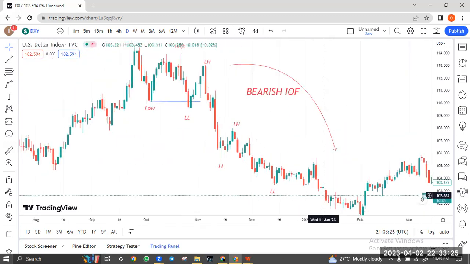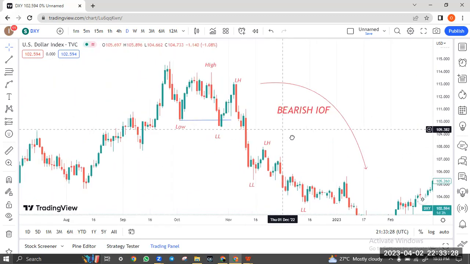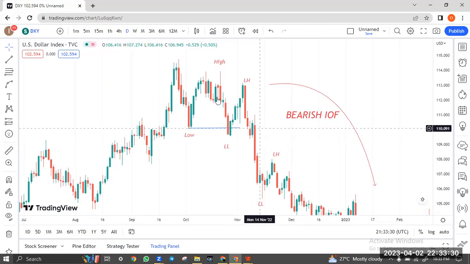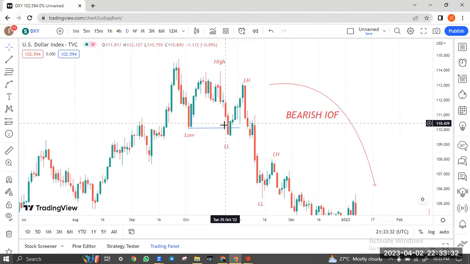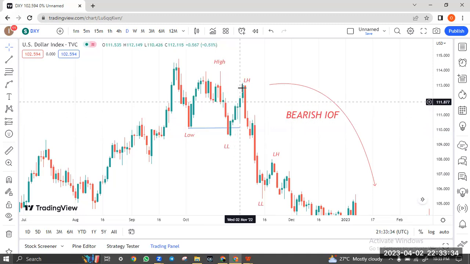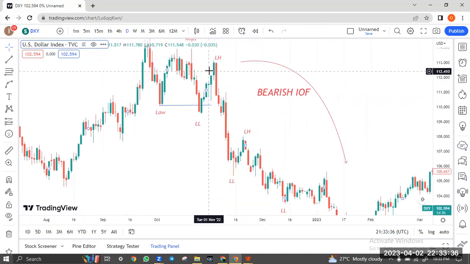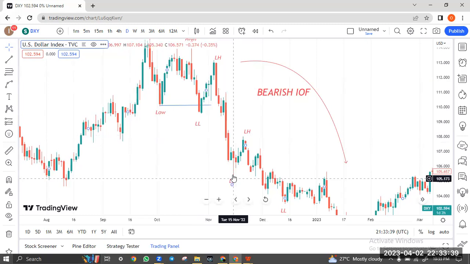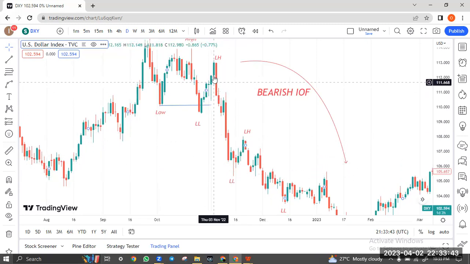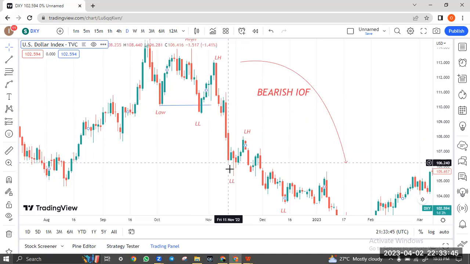So this was a bearish institutional order flow. When the market makers are pushing price, we have sell side imbalance, but a buy side inefficiency. Another sell side imbalance, then the buy side inefficiency. They do the buy side inefficiency to cover up the large void that has been created in price.